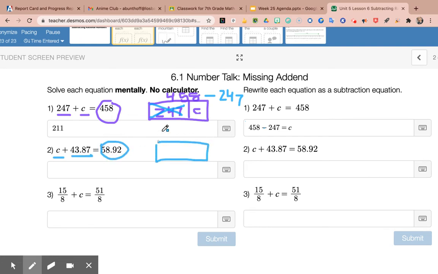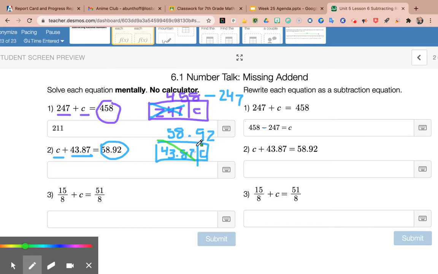If my whole thing is 58.92, and I have 43.87 plus something, C, equals the whole, then if I take this piece, the 43.87, off, I'm going to be left with C. So we did 58.92 minus 43.87.